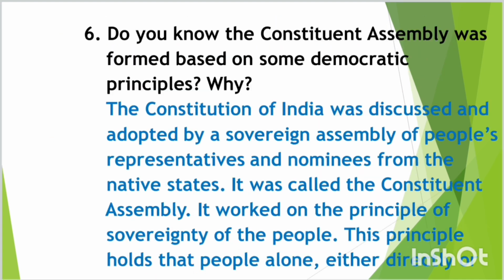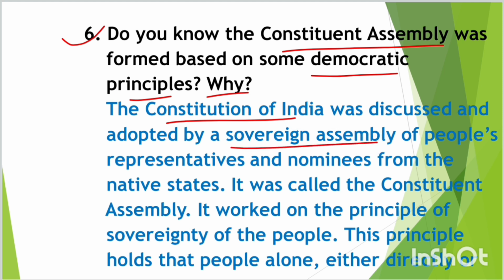So next question, question number 6: The Constituent Assembly was formed based on some democratic principles. Why? Answer: The Constitution of India was discussed and adopted by a sovereign assembly of people's representatives and nominees from the native states. It is called the Constituent Assembly.